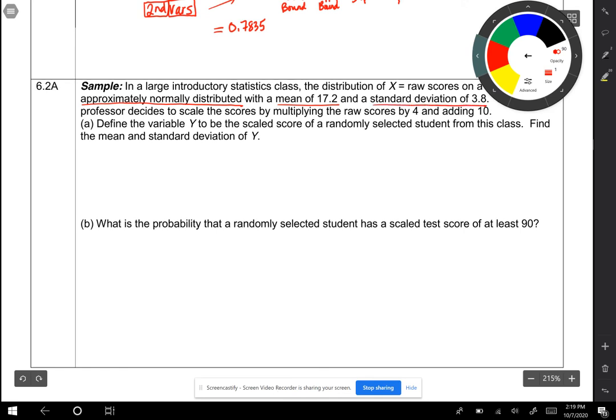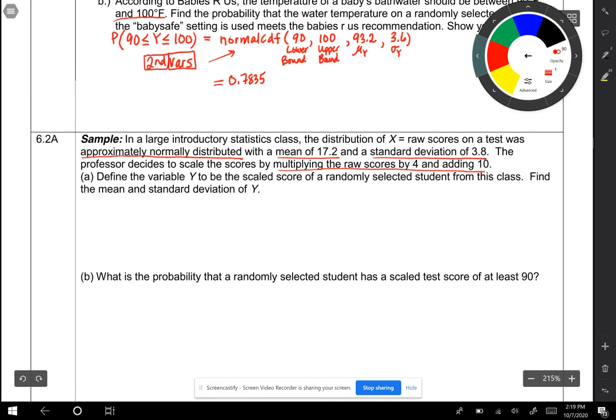The professor decides to scale the scores by multiplying the raw scores by 4 and adding 10. So that's going to be y. So our equation there is y is equal to 4 times x plus 10. Define the variable y to be the scaled score of a randomly selected student from this class. Find the mean and standard deviation of y.